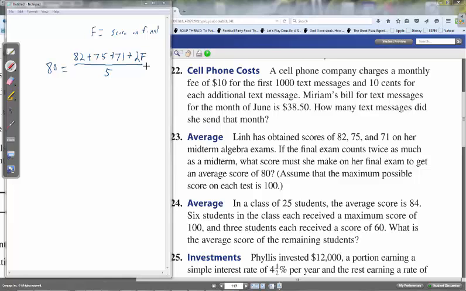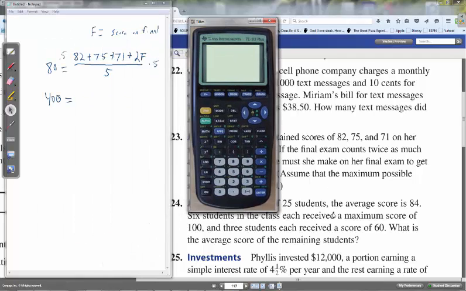So I'm going to do a few things to simplify this equation. I'm going to clear the fraction, times 5, and I also will add these things together. So you get 400. Bring up my TI-83 here. 82 plus 75 should be 157, plus 71, which would be 228, I think.